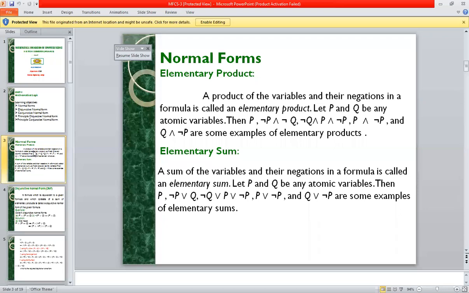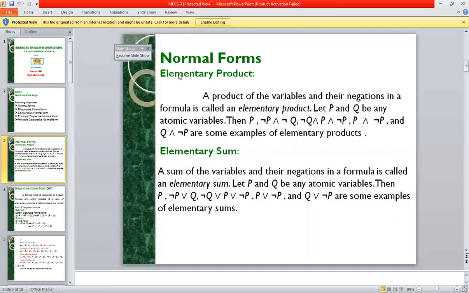We shall use the words product and sum in place of the logical connectives conjunction and disjunction.